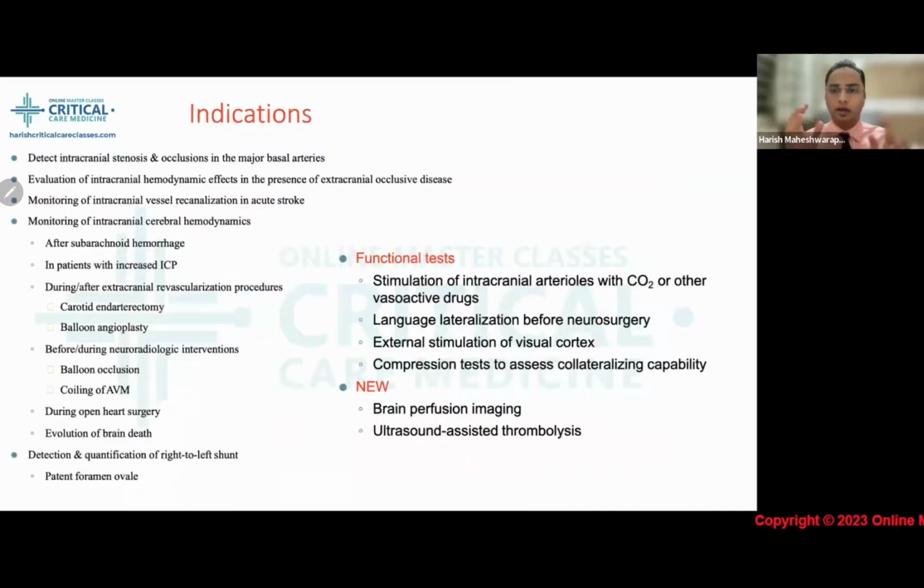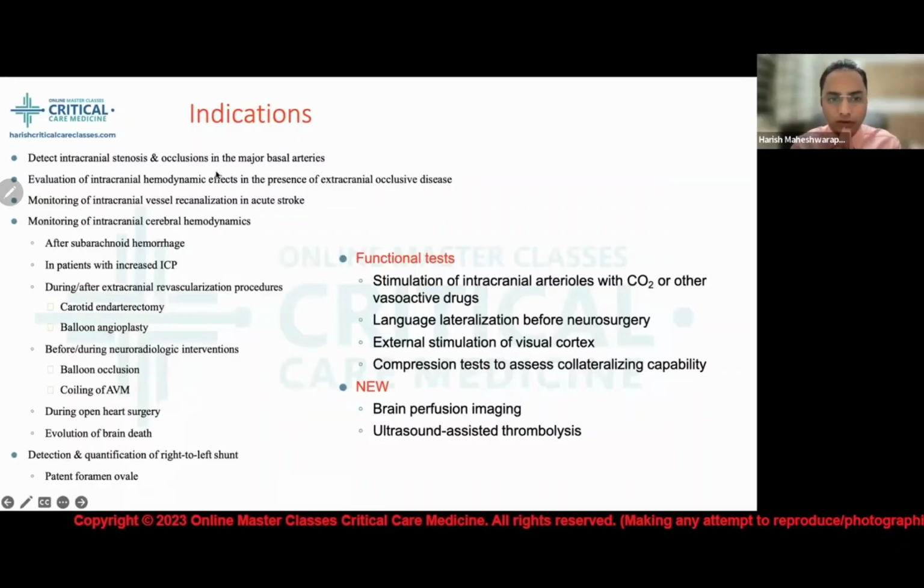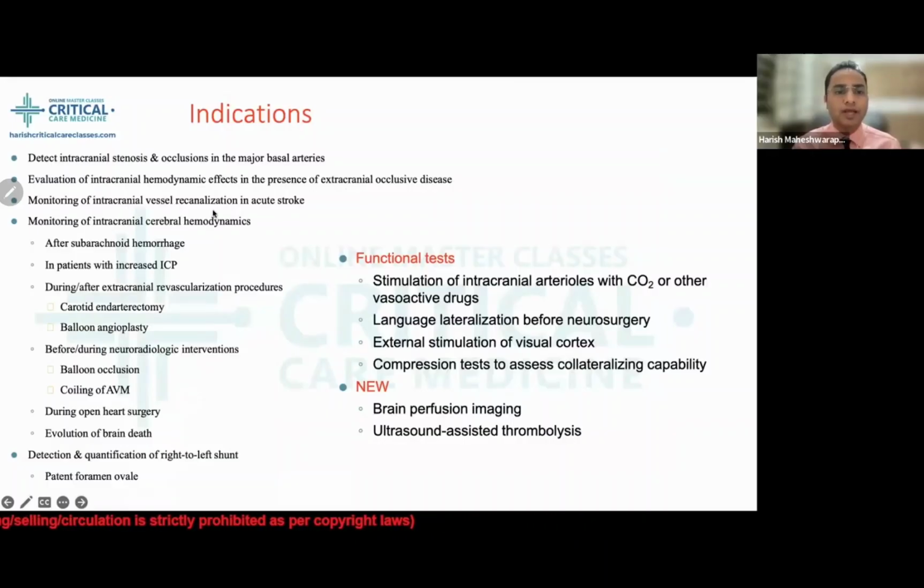Elaborating further, we have lots of indications for TCD: to detect intracranial stenosis and occlusion in major basal arteries, evaluation of intracranial hemodynamic effect in the presence of extracranial occlusive disease, monitoring of intracranial vessel recanalization in acute stroke, and monitoring of intracranial cerebral hemodynamics, like after subarachnoid hemorrhage and in patients with increased intracranial pressure.